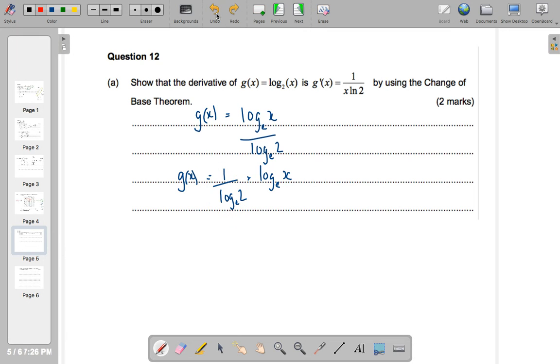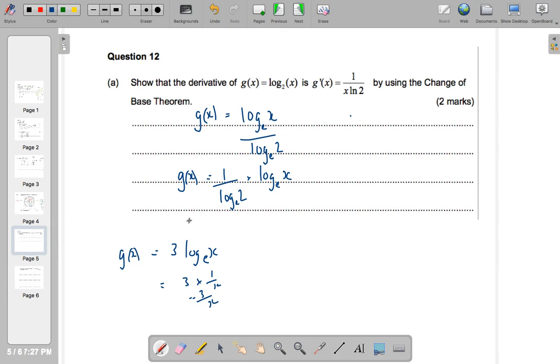Okay, so when we get g dash x now, it's just like, if our g of x, and I'll get rid of this in a second, was 3 log x base e, the derivative of that is just 3 times 1 over x equals 3 over x. Okay, so with this one, it's a similar sort of thing.